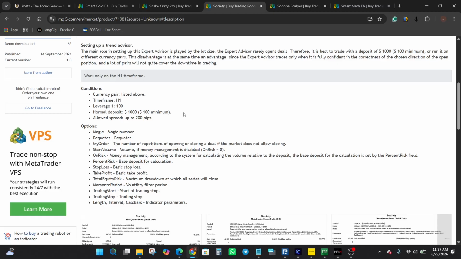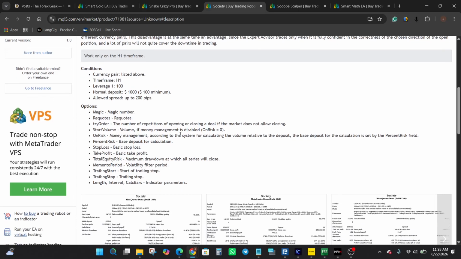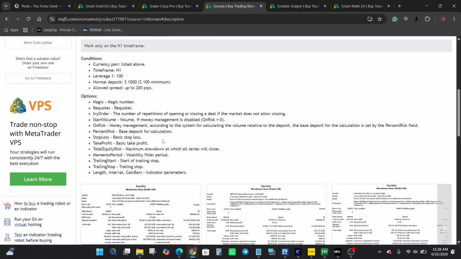Now, looking at the available settings, there are several areas traders can customize. We have manual volume controls, money management options through the risk-based calculation system, stop loss and take profit parameters, maximum drawdown controls through the total equity risk setting, and trailing stop functionality.